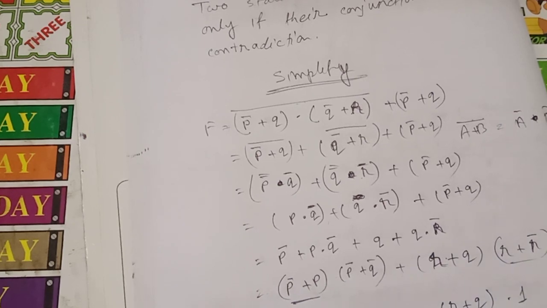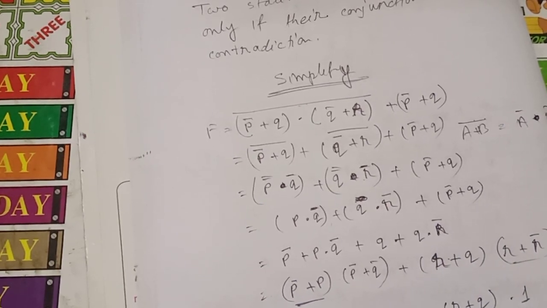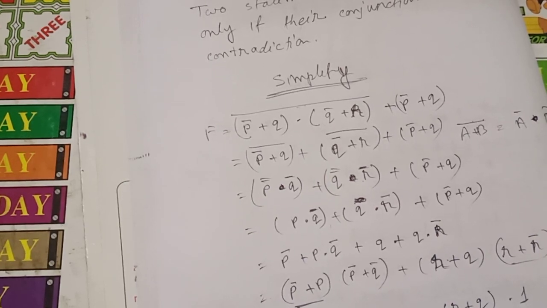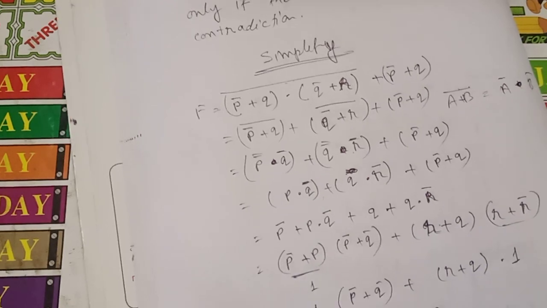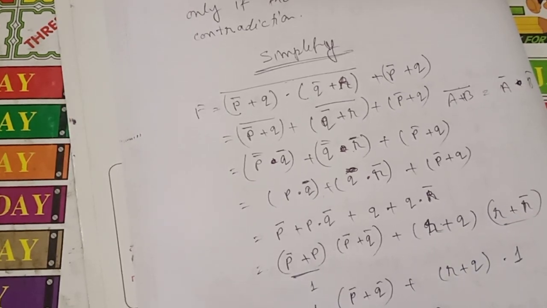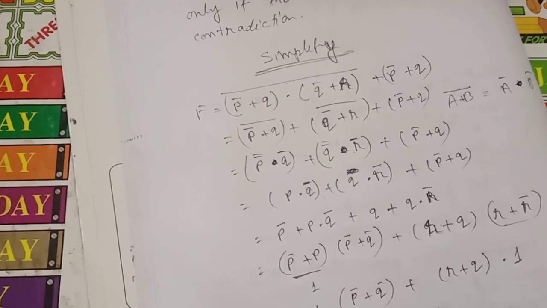So we can write p bar plus q bar plus r plus q. So from here we can write p bar plus q bar plus q plus r.